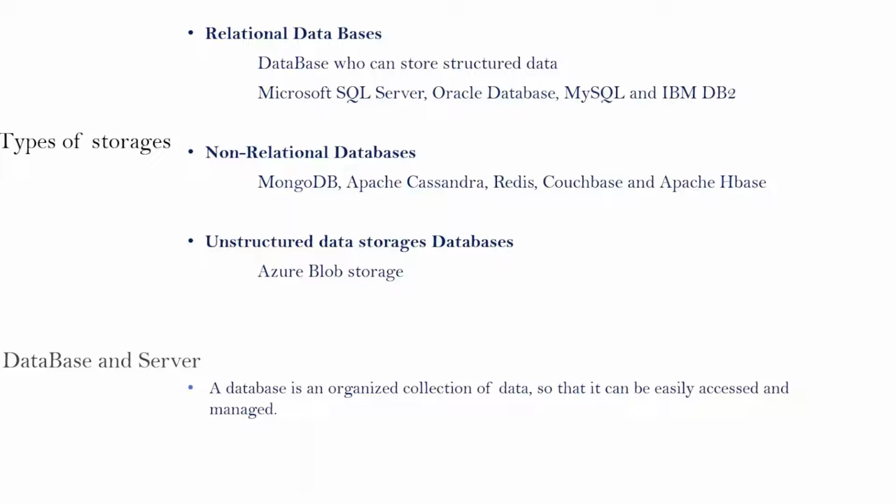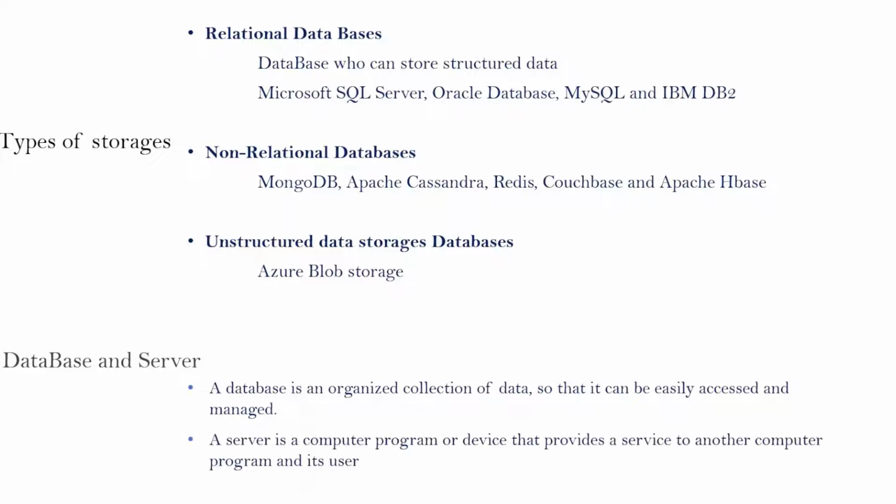The server took that data and came back to you, giving it in a graphical view so that you can visualize it. This is the actual understanding of what a server means. Let's come back to the definition.